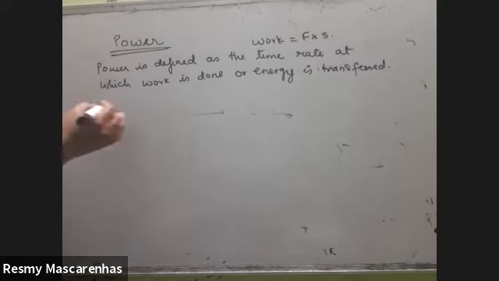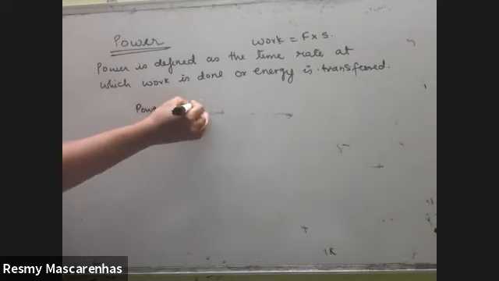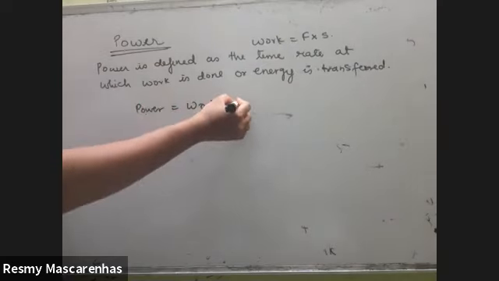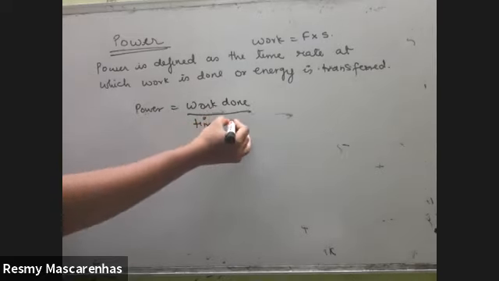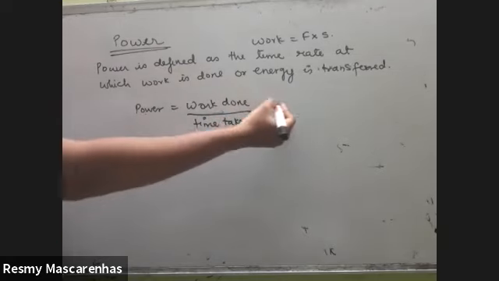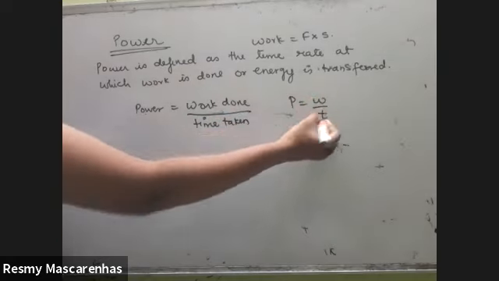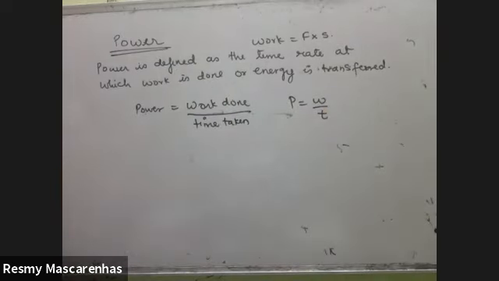So basically, power is nothing but work done upon how much time has been taken to do this work. So P is nothing but W upon T. So what will be the units?